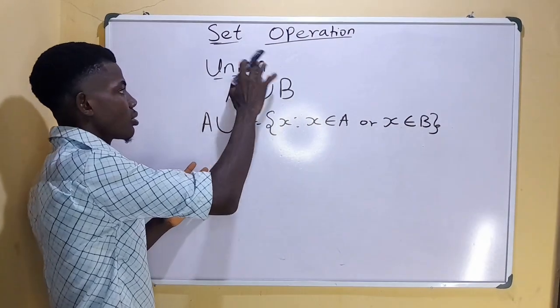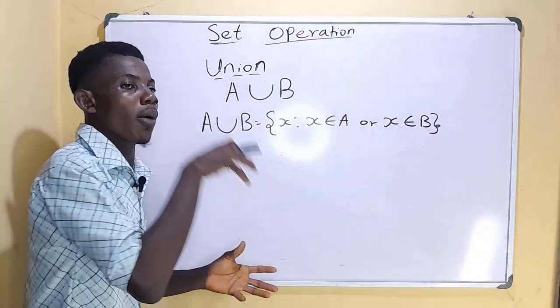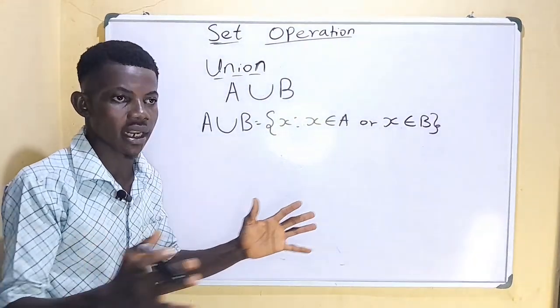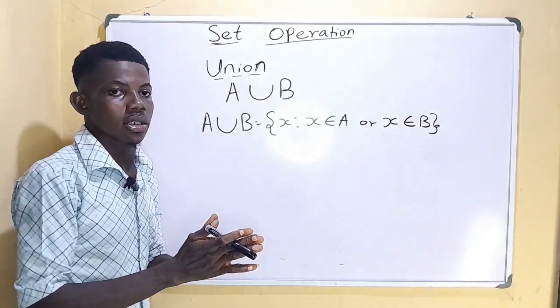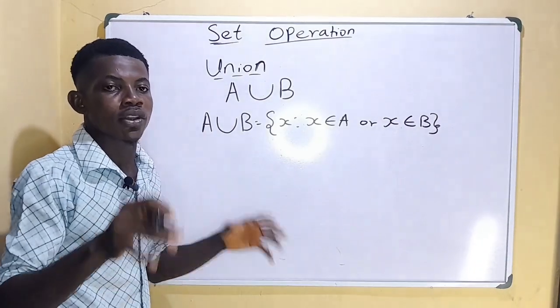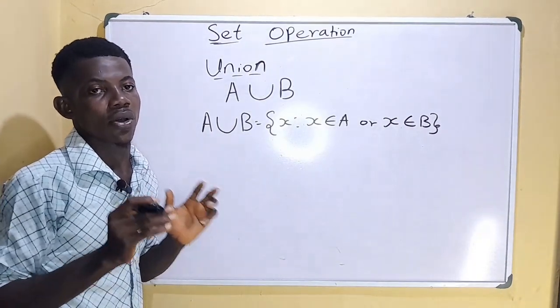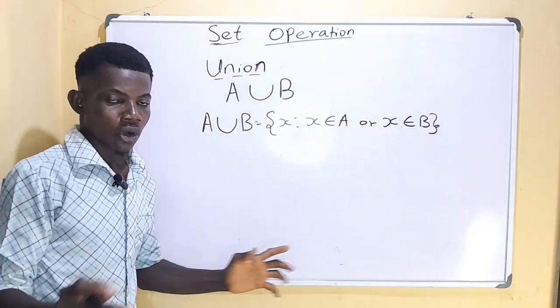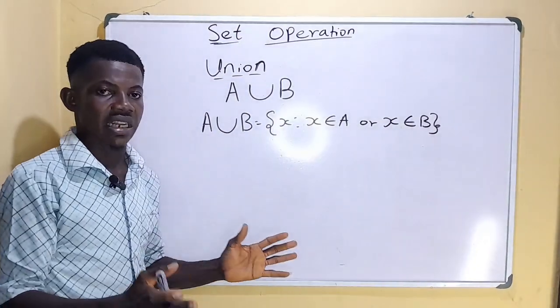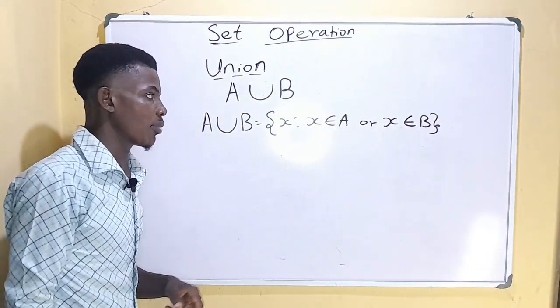Union of two sets means combining the elements of the two sets together without repetition.